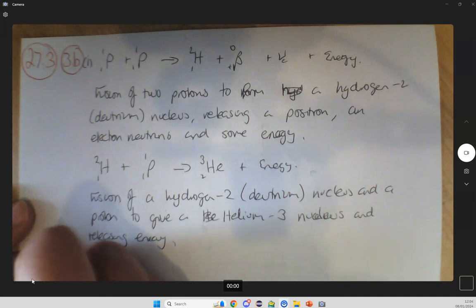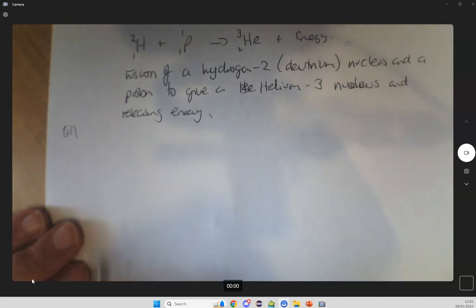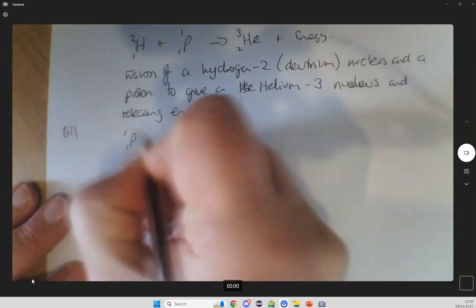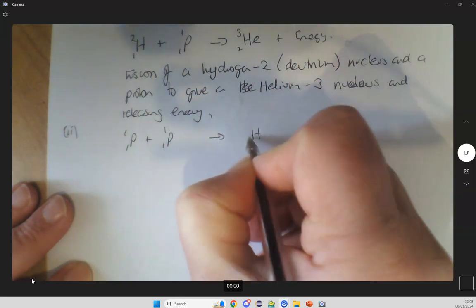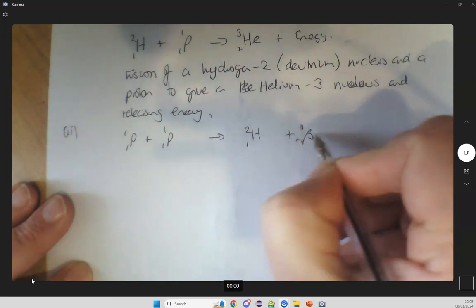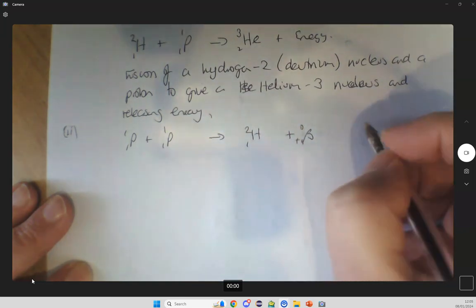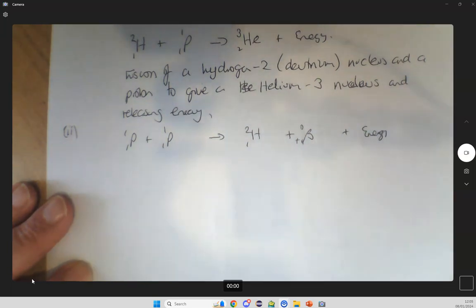Part 2 is asking us to do the calculations in terms of energy, and it's giving us the reaction masses of each of the components. The first one we're going to look at is a proton plus a proton, reacting to give us deuterium plus a beta plus particle. An anti-electron neutrino we're going to ignore, and obviously it's going to give us some energy out as well.